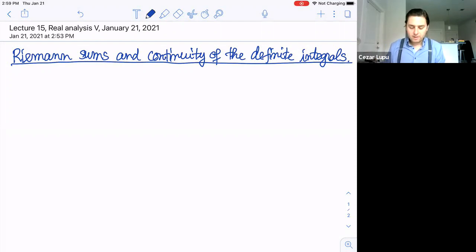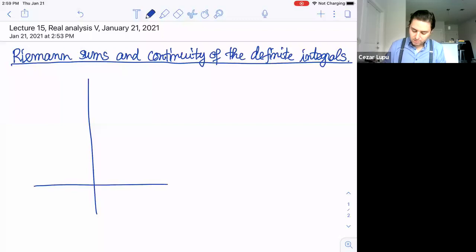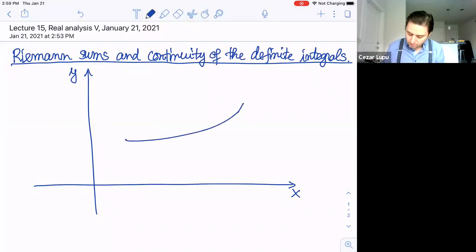So the definite, let me draw a picture so that you already know from Calculus 1, and from Advanced Calc, those of you who have taken it. So let's just say that we have the graph of the function is like this. And let's say that the function is defined on this interval AB, right? And so this is y equals f of x.